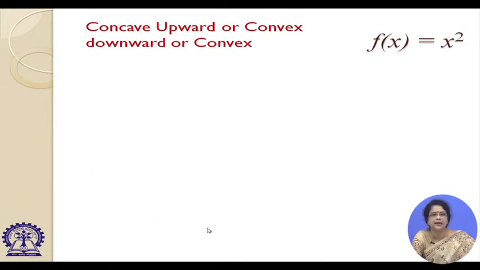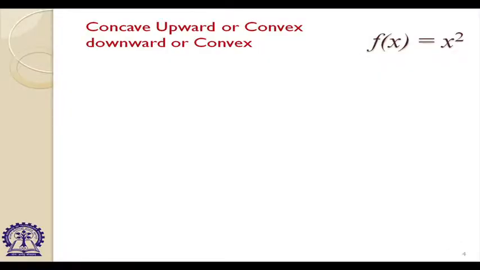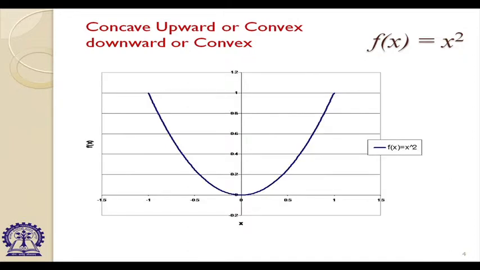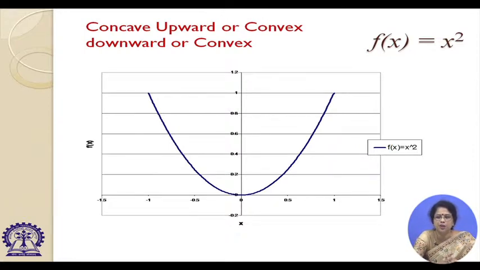Now, you see f(x) equal to x square. What kind of function is this? This is a convex function, all of you know. How can we draw it? If you know the definition of convexity, either we can say that this function is concave upward or convex downward, or in general we say the function is convex. All right. Now, what is the definition for this? How can we say this is a convex function?